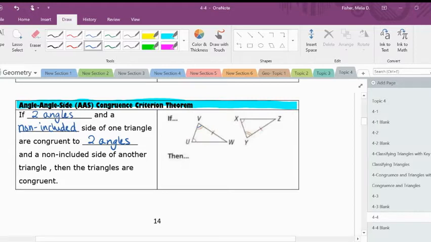So we have angle, angle, side, or side, angle, angle. If that is the case, then we can say that triangle UVW is congruent to triangle XYZ.